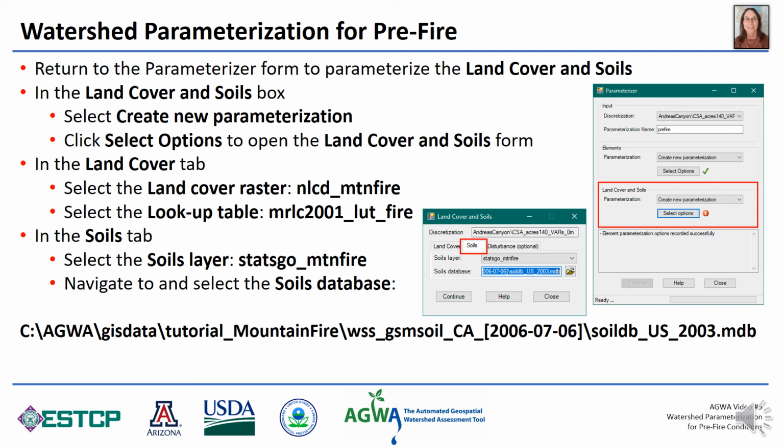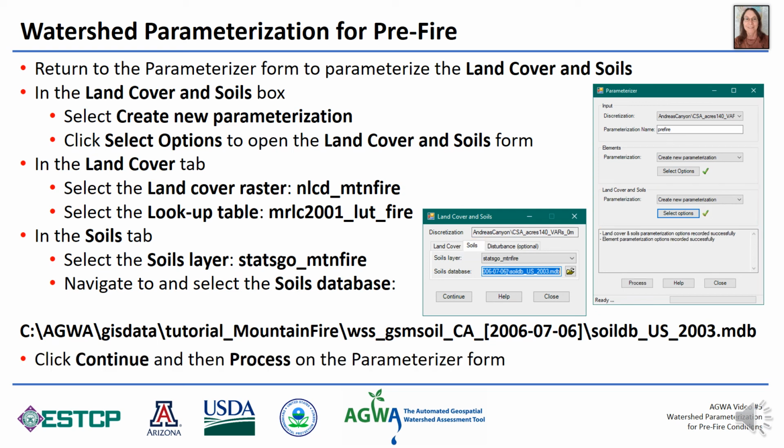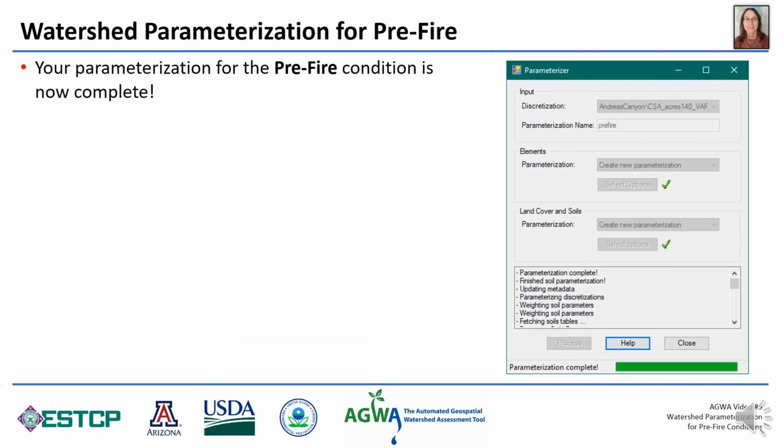All of these databases have the same name, so make sure you select the correct one. Click Continue and then Process on the Parameterizer form. This completes the parameterization for the Andreas Canyon pre-fire condition and creates the lookup tables for the hill slope and stream elements. Close the form.